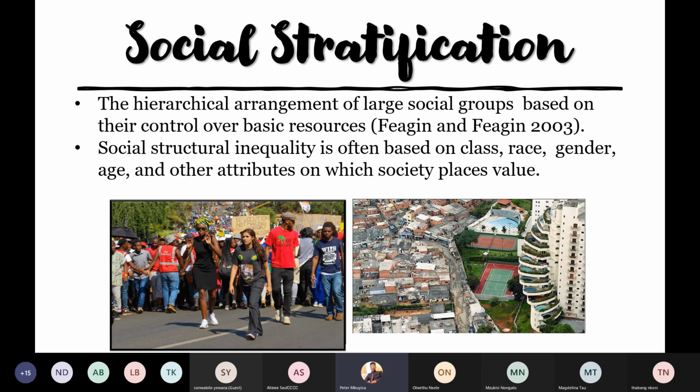So you start seeing those patterns, and we say that social structural inequalities are most often based on class, race, gender, age, and other attributes. And those other attributes will be the society's history influencing that.